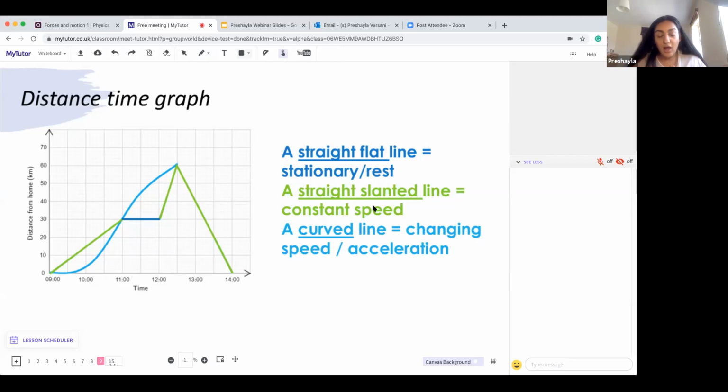And then a curved line shows us changing speed or acceleration. And we're going to work out acceleration from a distance time graph in the next webinar, because it's a bit more of an advanced topic and it's a higher topic to find the gradient of a curved line.